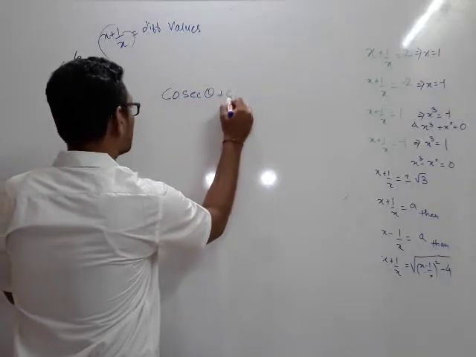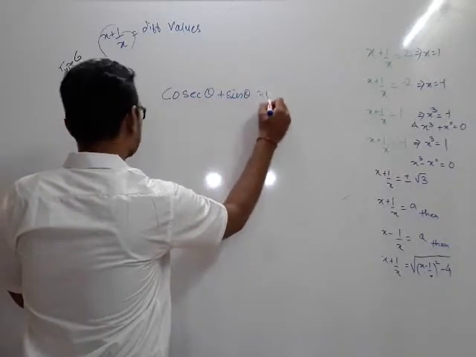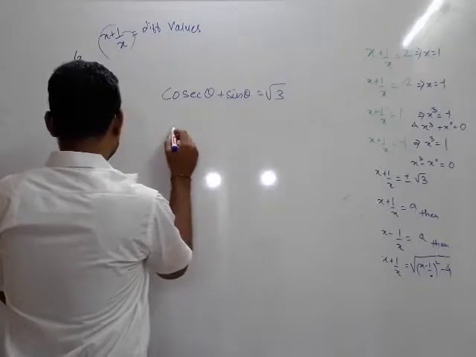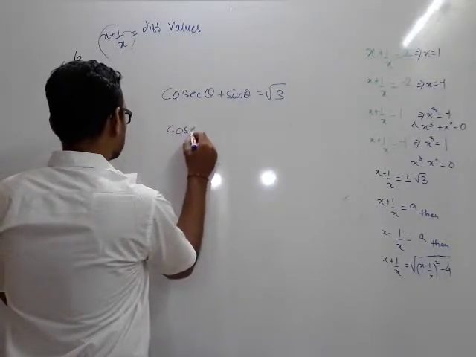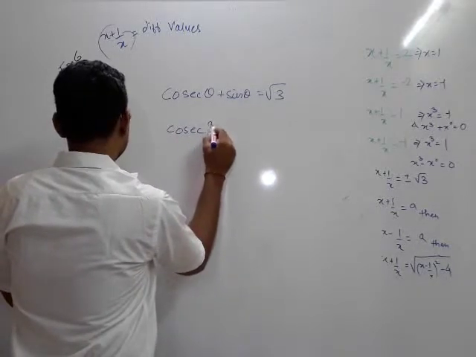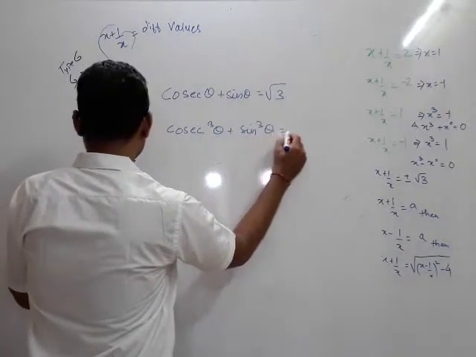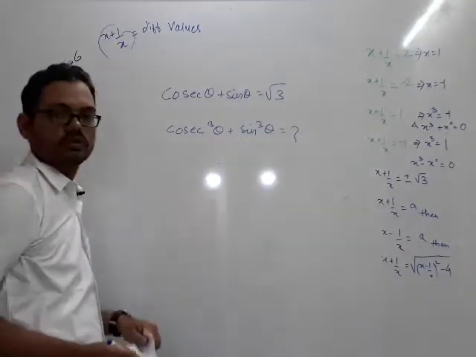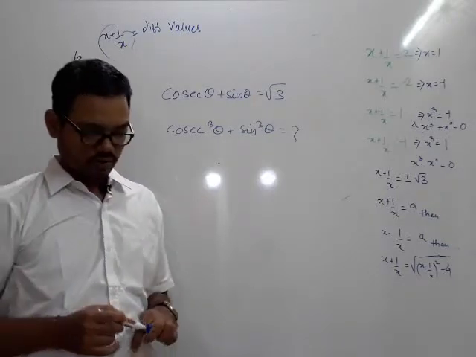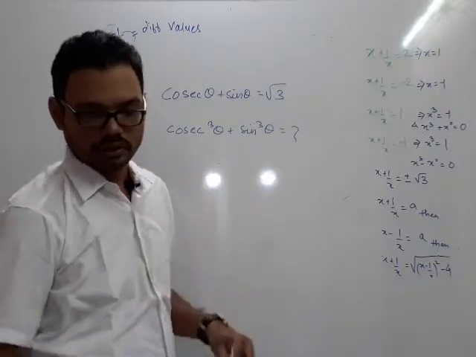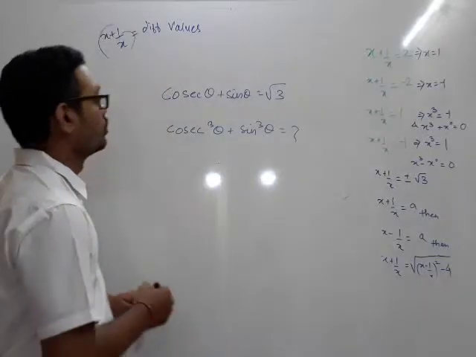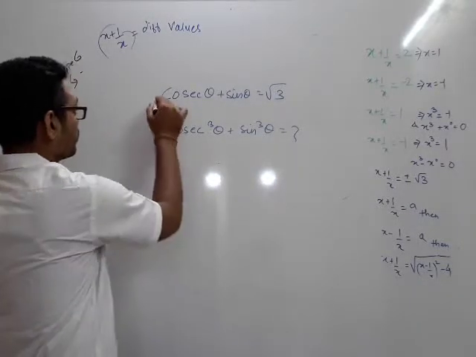Cosec theta plus sin theta is given as root 3. You are asked cosec cube theta plus sin cube theta is what? Surprised? Not surprised? In algebra, how can they ask trigonometry? So your presence of mind would help you here.